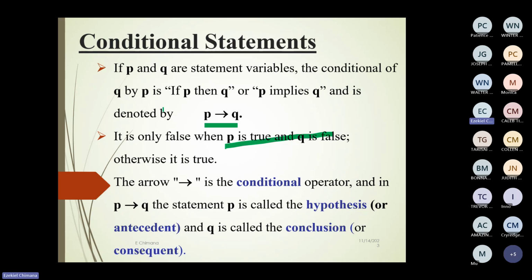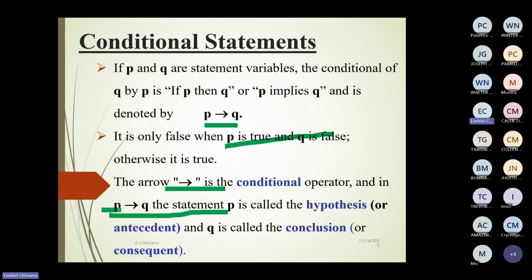That's the rule. So it is only false when P is true and Q is false. Otherwise, it is always true. So the arrow is the conditional operator, and in a P implies Q statement, P is called the hypothesis or antecedent, and Q is called the conclusion or the consequent.